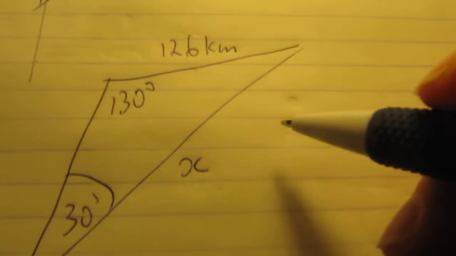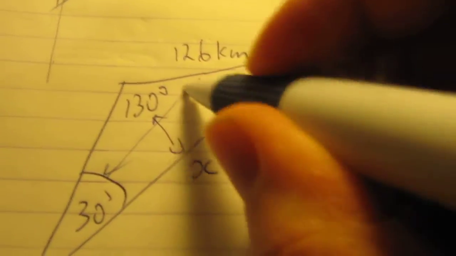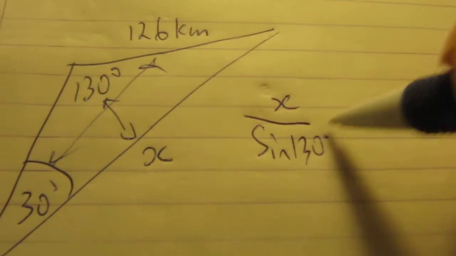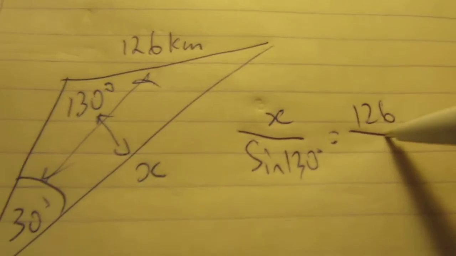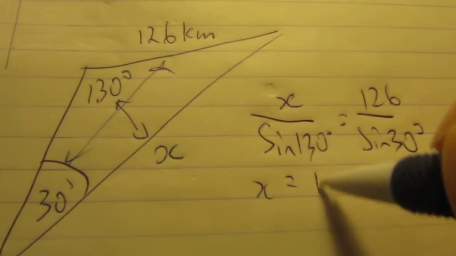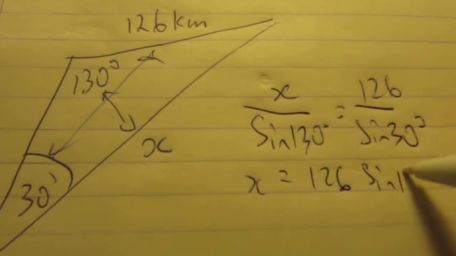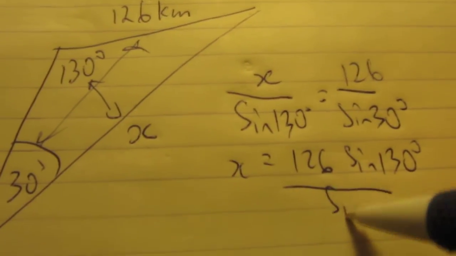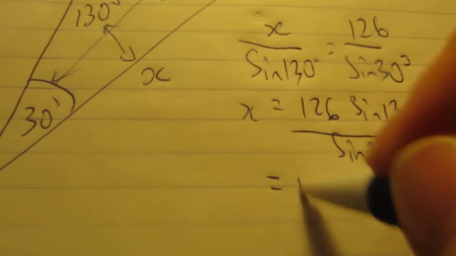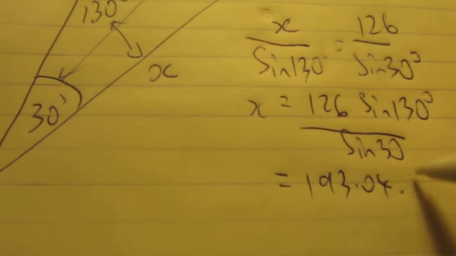So using the sine rule, you've got pairs of opposites, put your unknown on the top, so x over sine 130 equals 126 over sine 30. Then x equals 126 sine 130 over sine 30, and you'll discover that equals 193.04 kilometres.